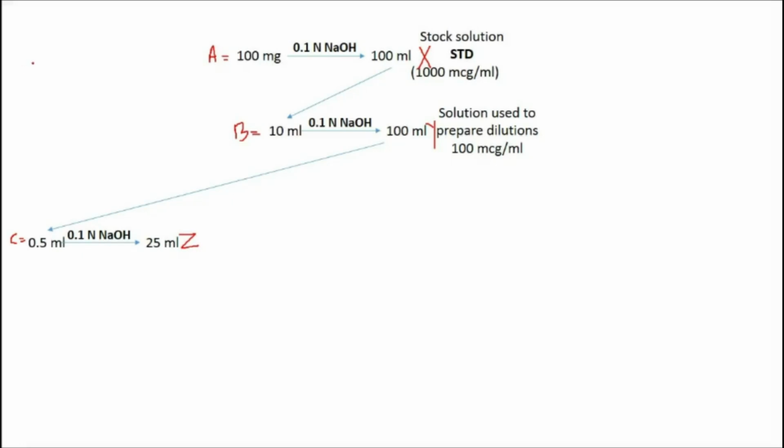Please calculate and tell me. The concentration we will find out using the formula ABC upon XYZ. So A is 100, B is 10, C is 0.5. It is divided by 100 multiplied by 100 multiplied by 25. Now, please remember that 100 is in milligrams, but I want answer in micrograms.